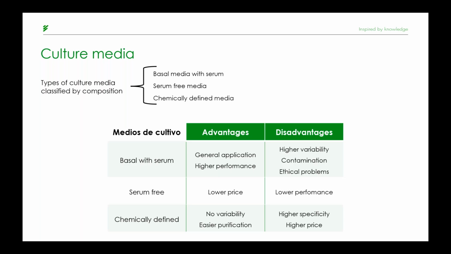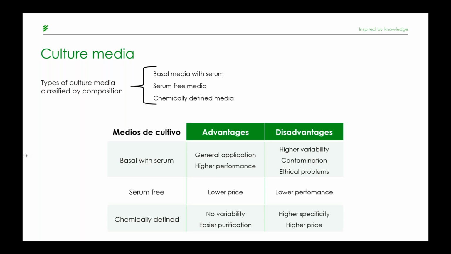Following the basal media, we have the serum-free media. This kind of media does not require the FBS, the fetal bovine serum. They are usually made of extract or hydrolysate from different sources.